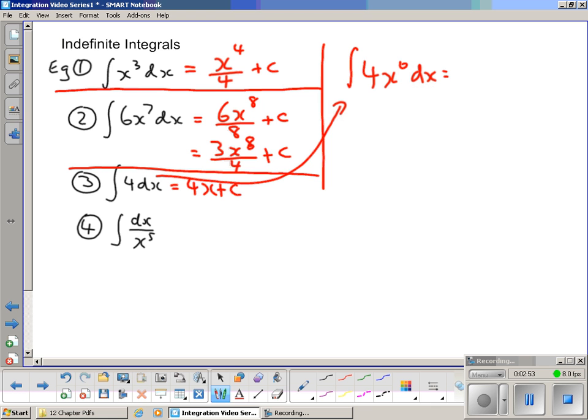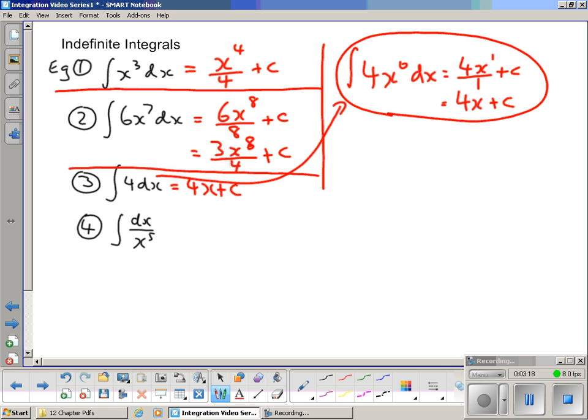Now if we do our method on that and add 1 to the power and divide by the new power, we end up with 4x to the 1, so there's an x that suddenly appears there, divided by the new power plus c. And when you divide by a 1, it doesn't really do a lot. So we get 4x plus c. So that's how that one works.